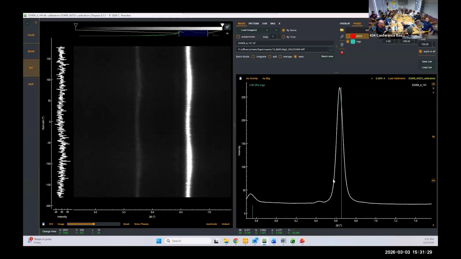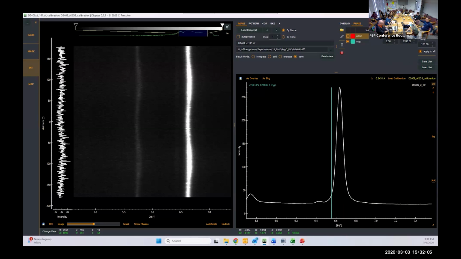It's using the Birch-Murnaghan second order equation of state to show where the peaks would be, in this case at 2.5 GPa. For temperature, as I increase the temperature, the peak goes the other way. As you pressurize it, the d-spacings get closer together because it's getting smaller, which leads to wider angles of diffraction.